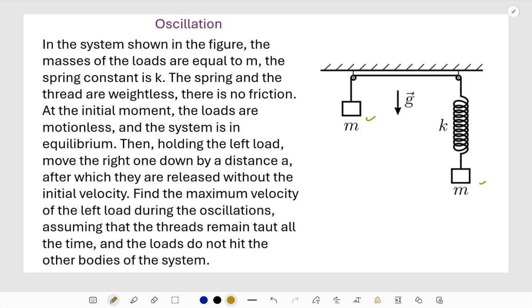So one load is being held, and at the same time the other was brought down, and the spring and the string are all weightless.